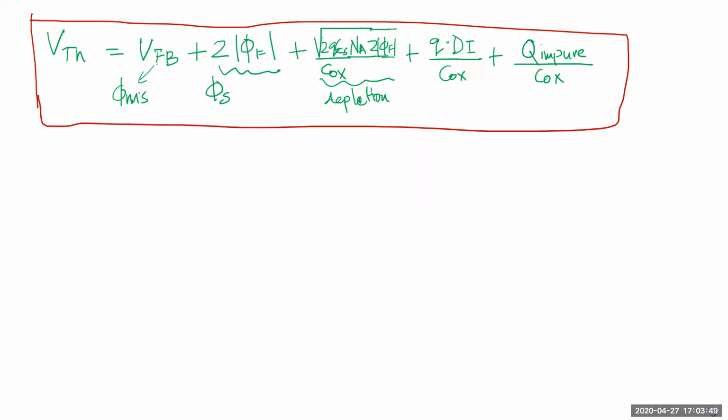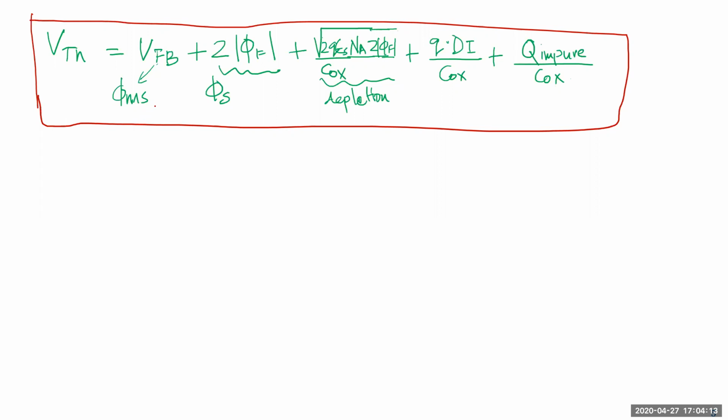Now tell me which is physics, by which I mean I choose a material and it's fixed and I can't do anything, and which is controlled by the process guys. Which does the designer control? For example, I choose a process. What can I control here? Take the flat band voltage.